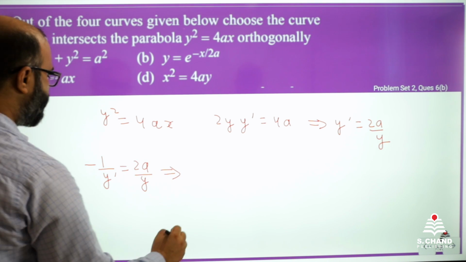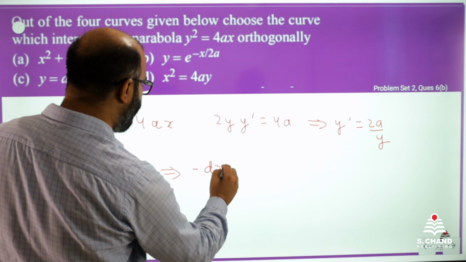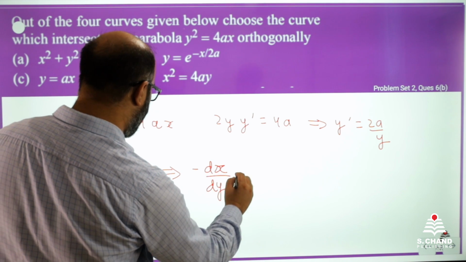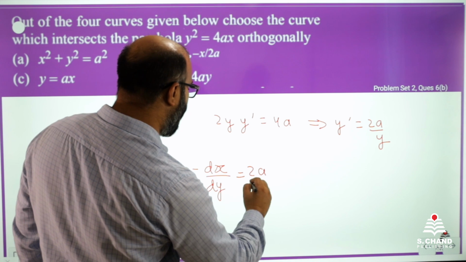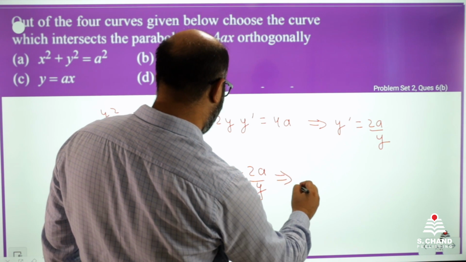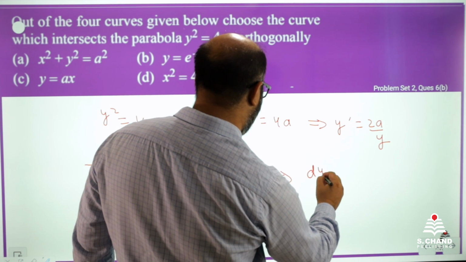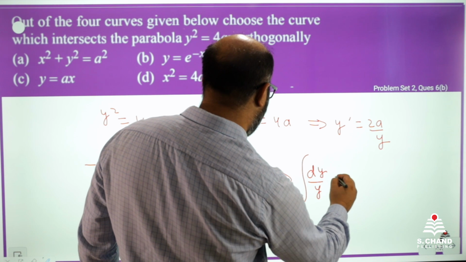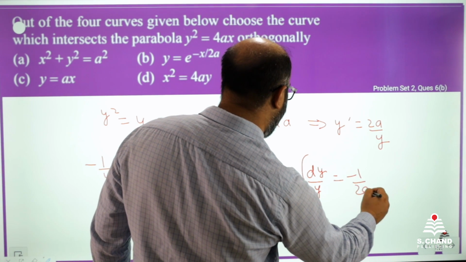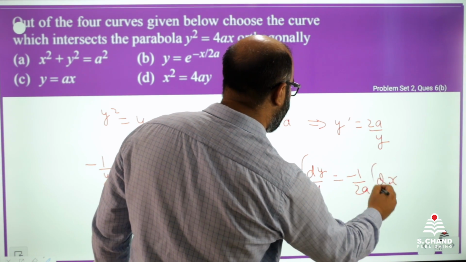Now what is minus 1 by y dash? Minus dx by dy it will be, is equal to 2a upon y. So we have integral dy by y is equal to minus 1 by 2a integral dx.